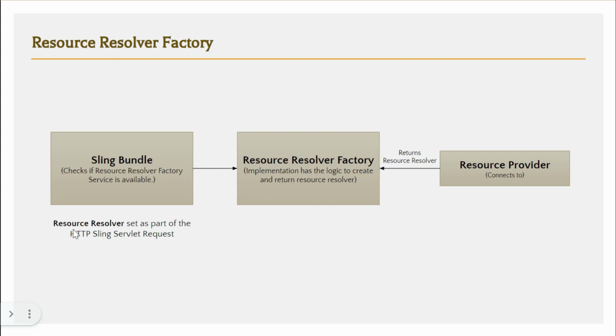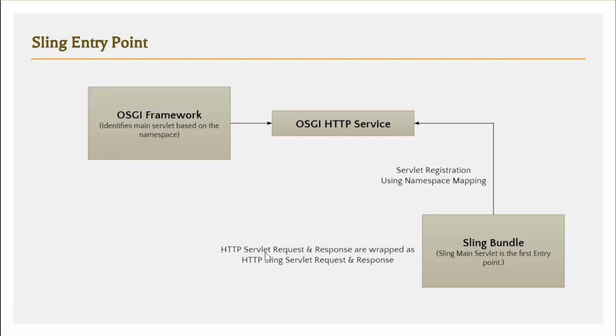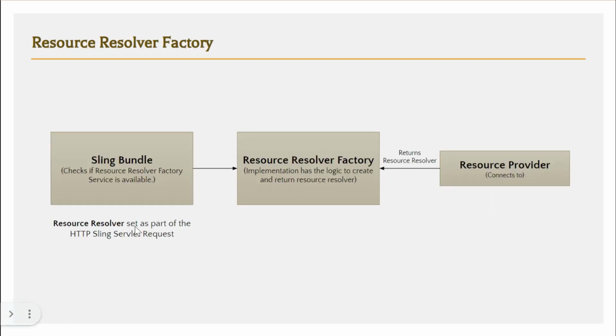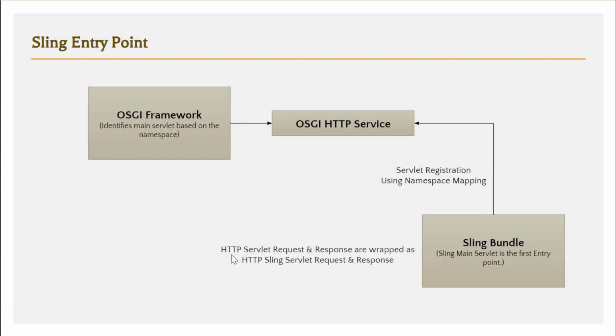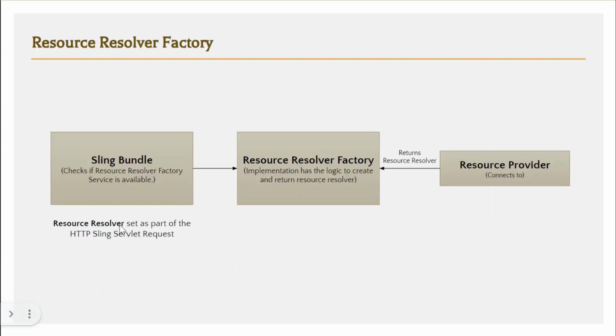In this class, there will be one attribute which is the HTTP servlet request, and the other attribute will be the resource resolver. Like that many attributes will be there.